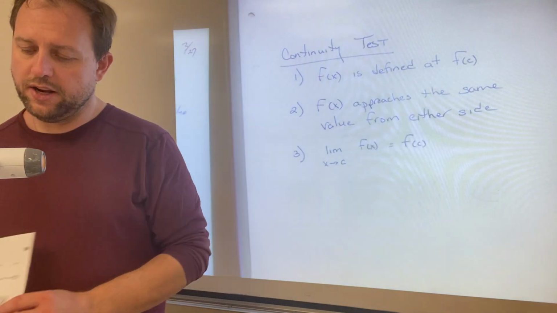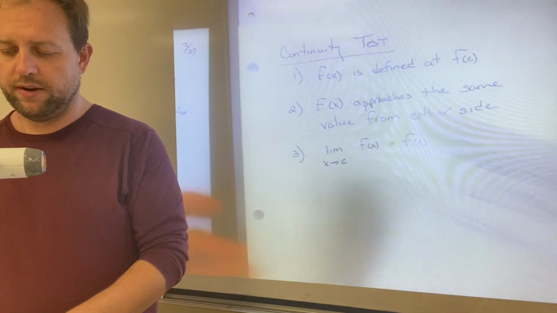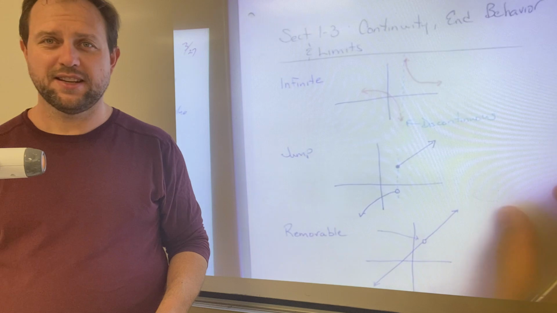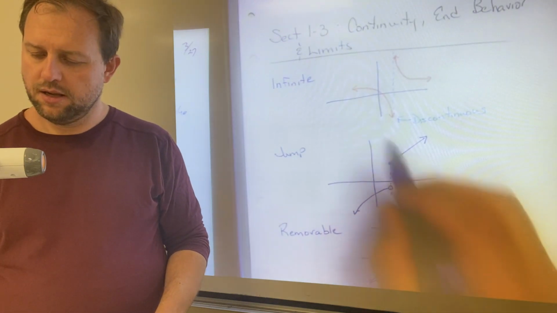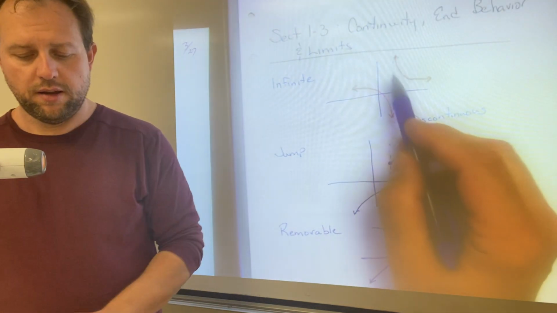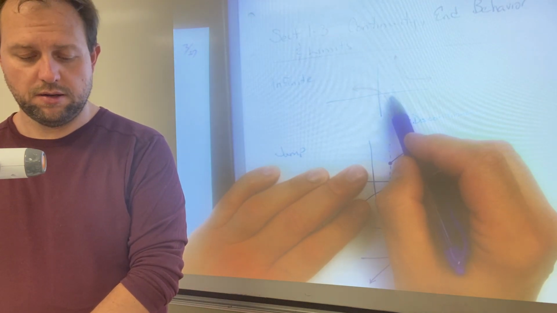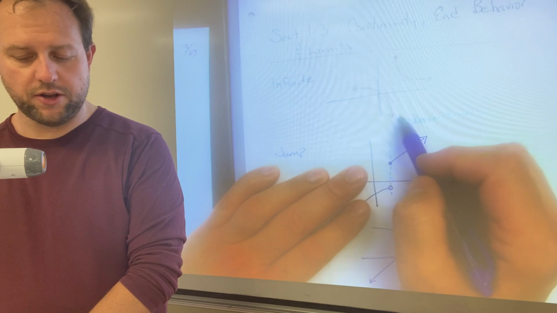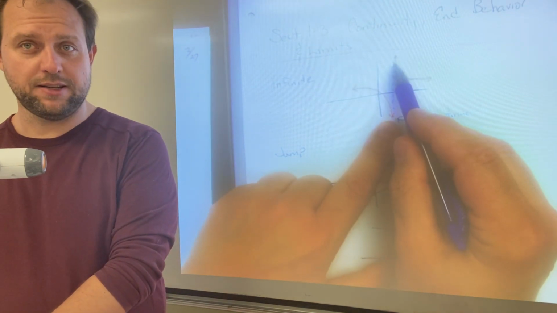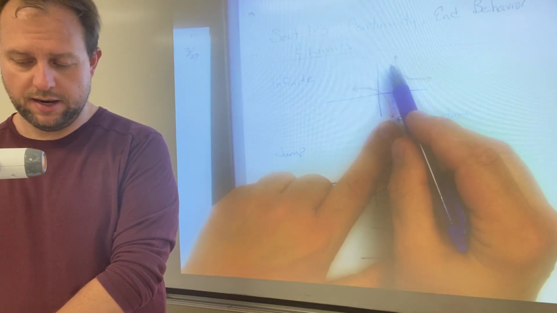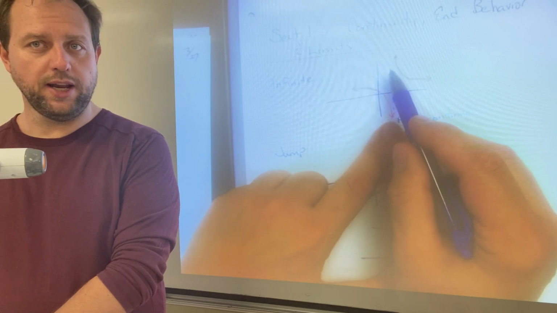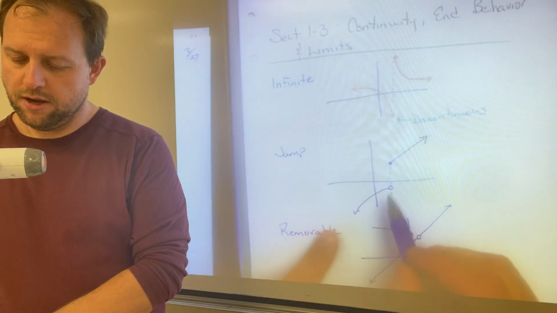So for our continuity tests, these three functions were not continuous. The first one did not have a defined value at point C, and so you don't even need the other two, but the limits are the opposite, so they weren't the same for number 3, and it's not approaching the same point. Okay?